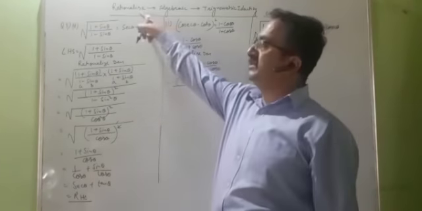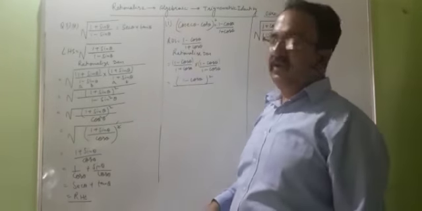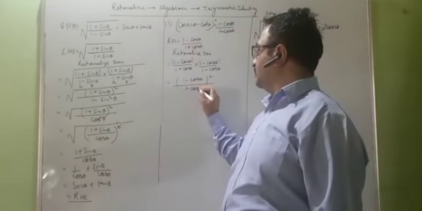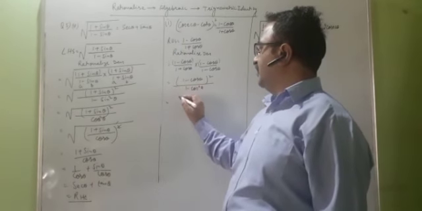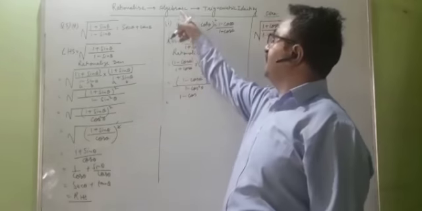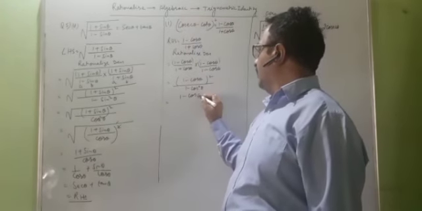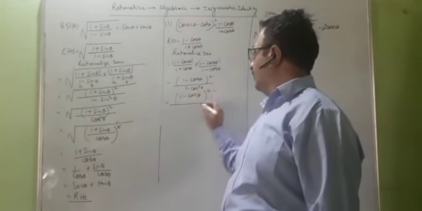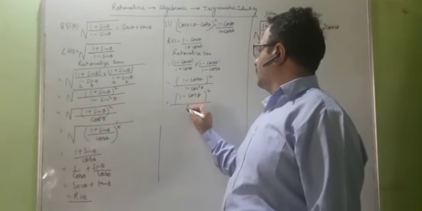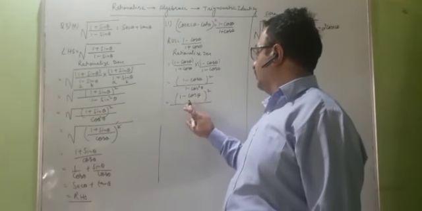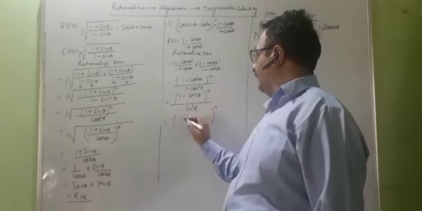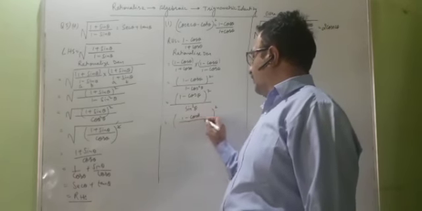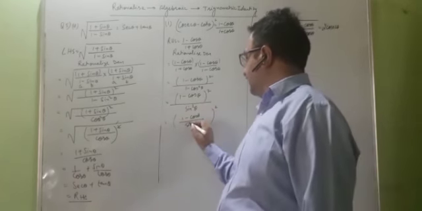But after rationalization, you have to search for an algebraic formula. Look at the denominator: 1 minus cos square theta. So 1 minus cos square theta is in standard form, so you can use the trigonometric formula. After algebraic, move to trigonometry: sine square theta. Now take out the power 2 common: 1 minus cos theta upon sine theta whole square.